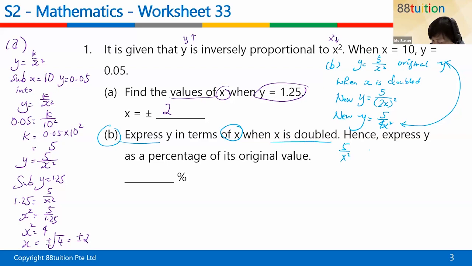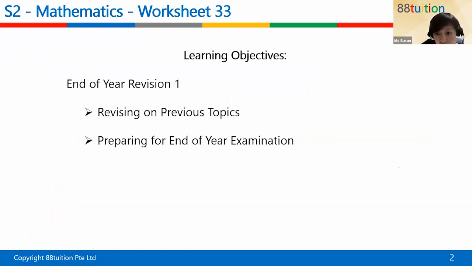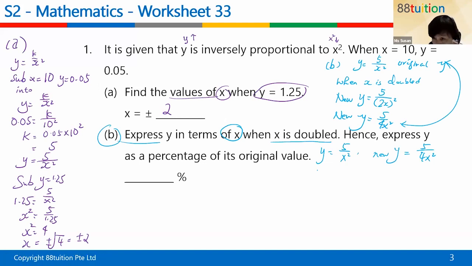So you have this y and this is new y, for x squared. So you realize that the denominator is being what? Decreased, right? So what I need to do is find their difference.